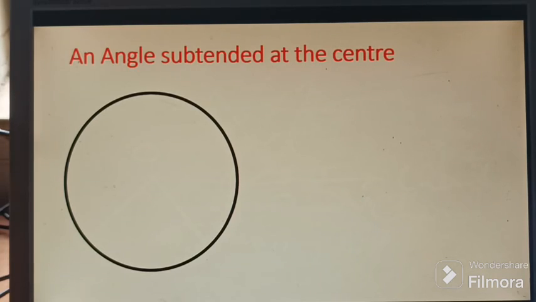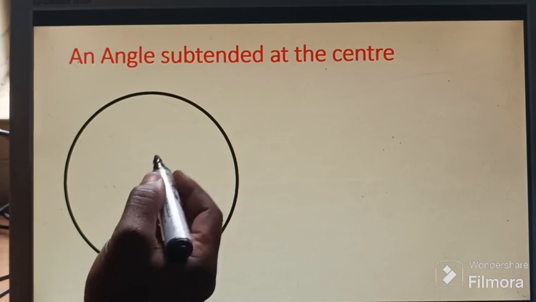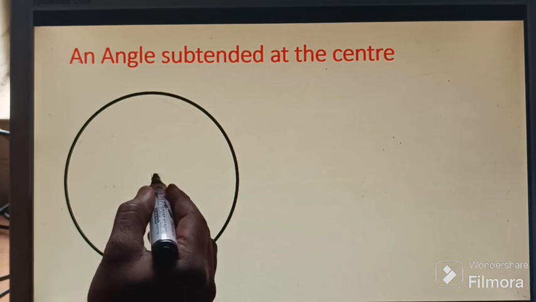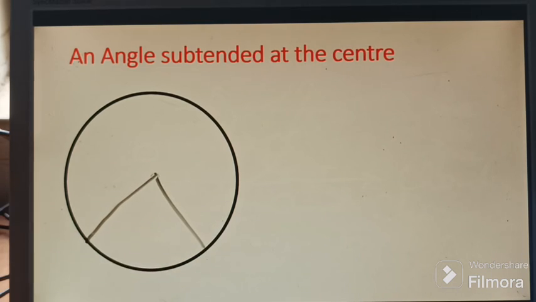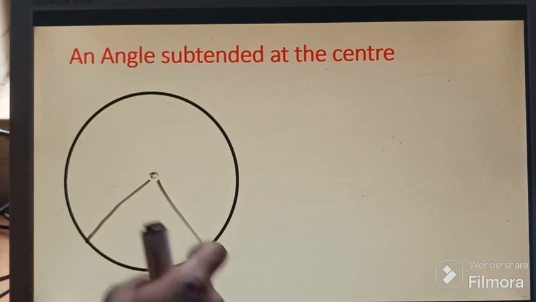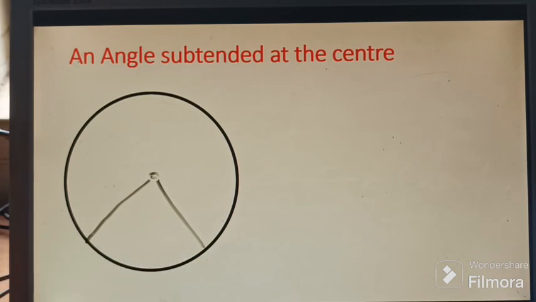An angle subtended at the center. So we have a center there, and we're going to have two lines coming from the circumference. Remember, what are these two lines? If they're coming from the circumference meeting at the center, what names do we call these lines?